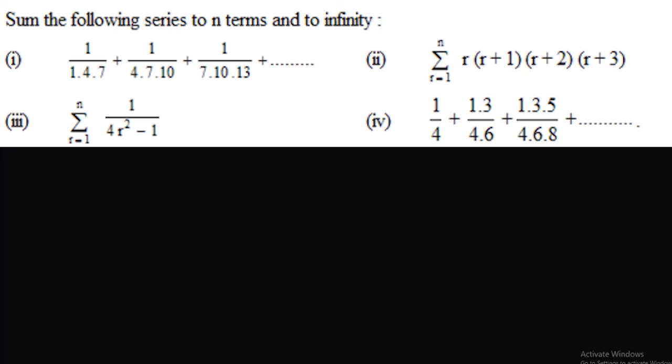Now this second question is find the sum of the series up to n terms. So this series S is summation r varies from 1 to n, (r plus 1)(r plus 2)(r plus 3). Now one way of solving this question is by taking this product, and then we'll have r to the power 4, r cube, which is very lengthy way of solving this question.